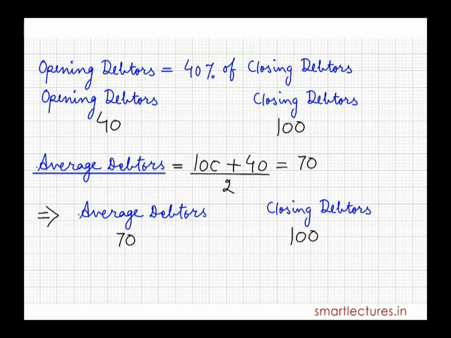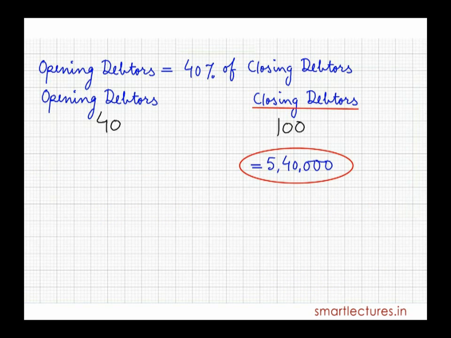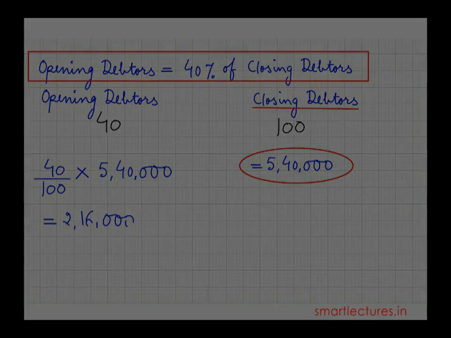If average debtors are 3,78,000 rupees, so closing debtors will be 100 upon 70 into 3,78,000, means 5,40,000 rupees. So we have got the closing debtors. Now opening debtors are 40% of closing debtors. It means 40% of 5,40,000, means 2,16,000. So in this way, we have got opening debtors and closing debtors, and the question is solved.